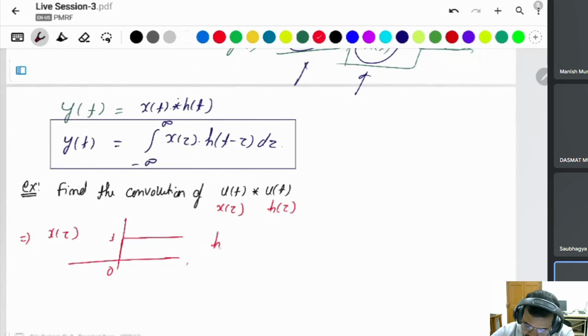Same thing for h(tau) also, a unit step signal started from 0, magnitude 1.